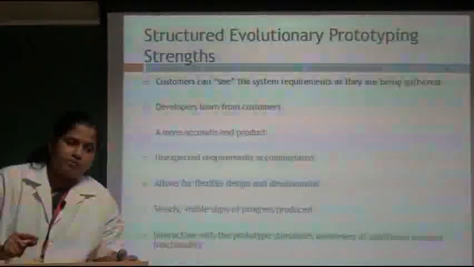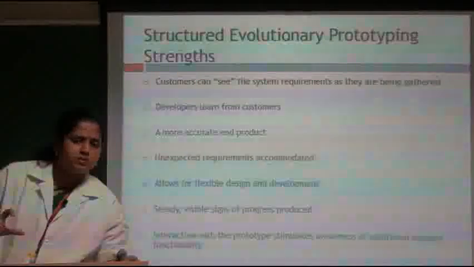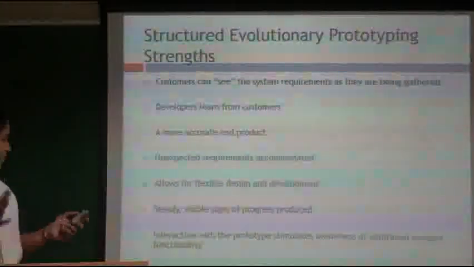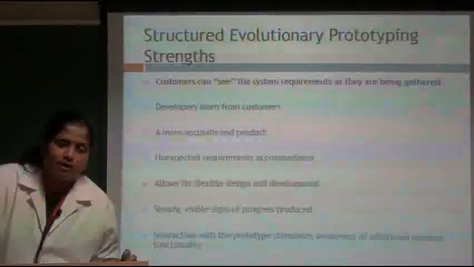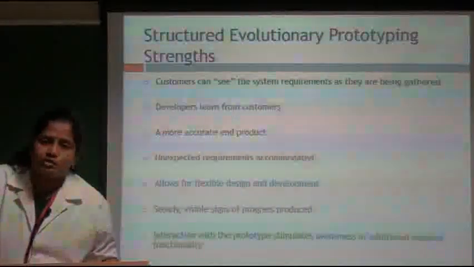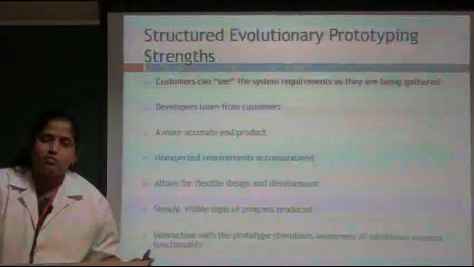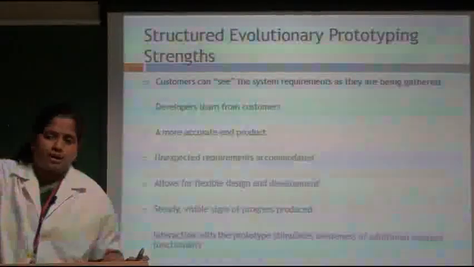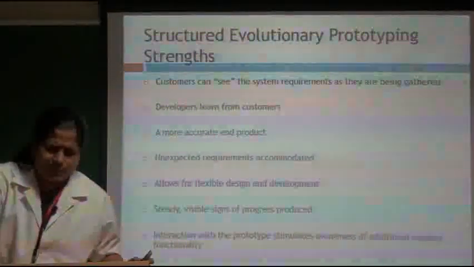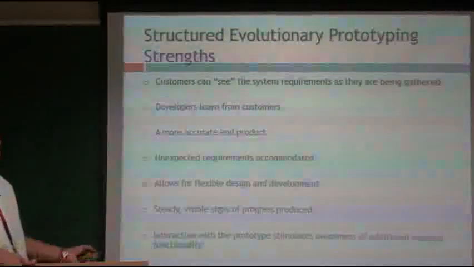At one point, if the prototype is satisfied by all the users, you will get a final product. That final product is capable of adapting, or it provides scope for adding additional functions. In case in future you want to expand the prototype, or add additional functions, that is also possible with the prototyping model.